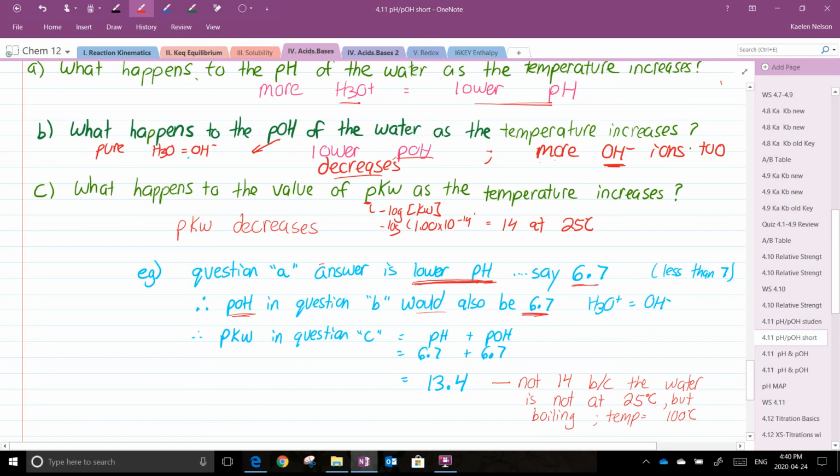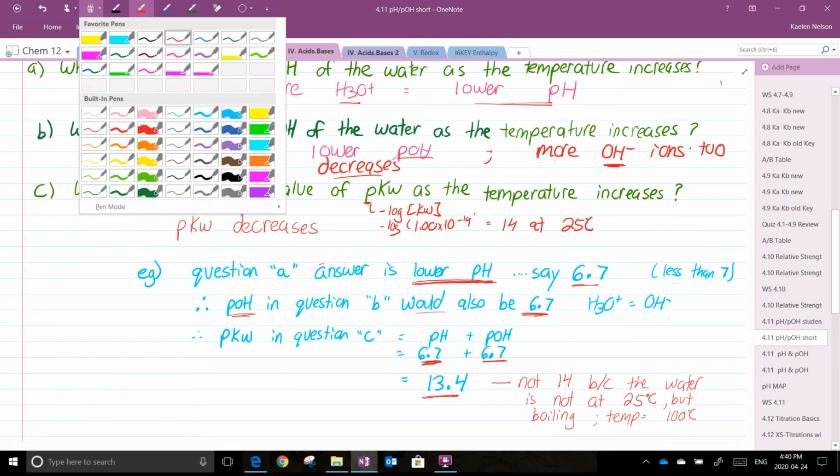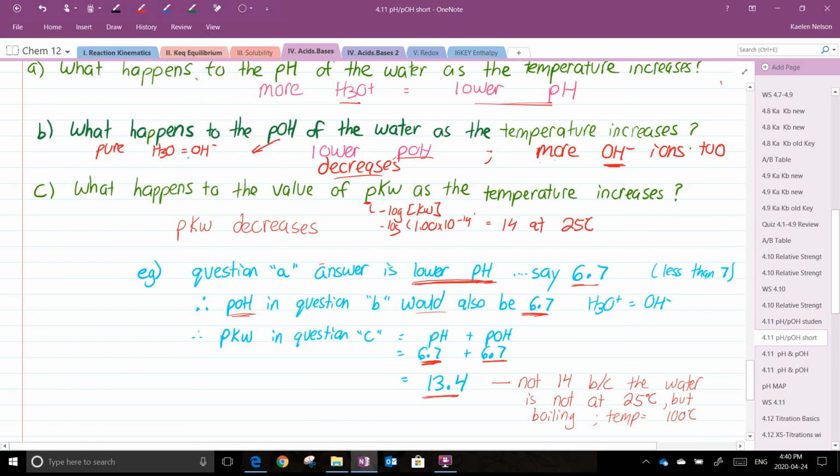And if I was going to add the two together to make pH plus pOH, it's going to be 13.4, which is not 14, because our water is not at 25. Okay, so when the question asks me what happened to my value of pKw, it also decreases. That's one of the more difficult concepts of pH, and I can address that in our tutorial next time.